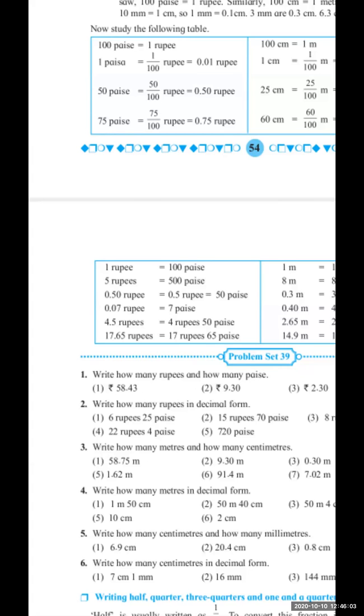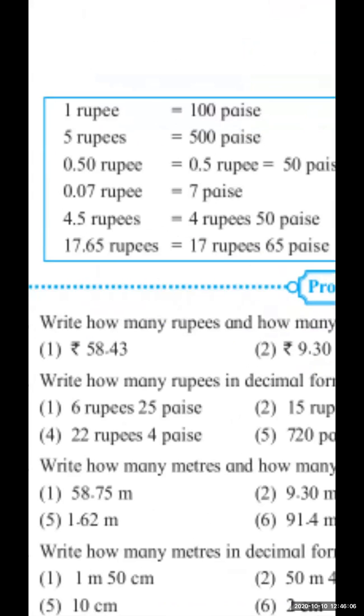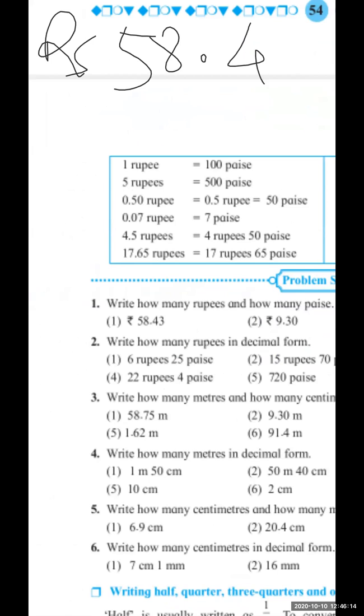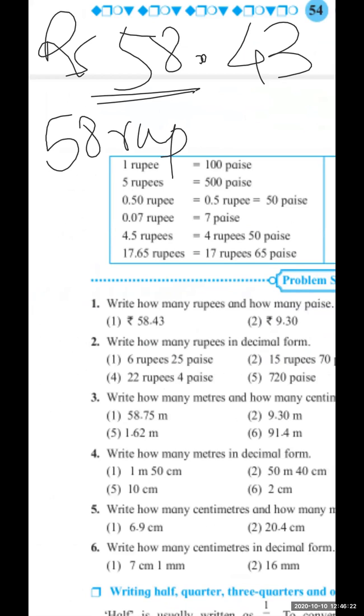So okay, first one is 58.43 rupees. Here before decimal point this 58 is there, whole number is there, so 58 rupees will come, and this 43 after the decimal point, so 43 पैसे will come.